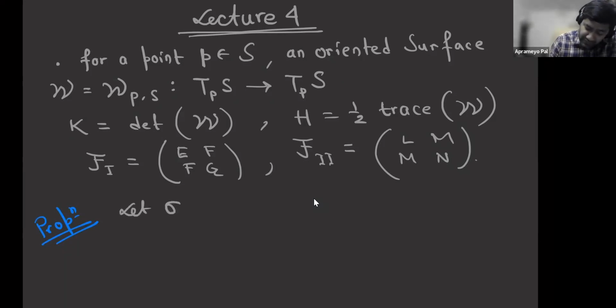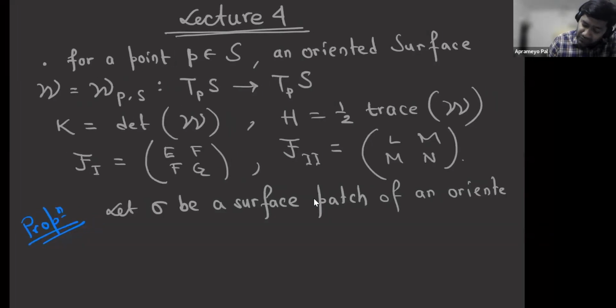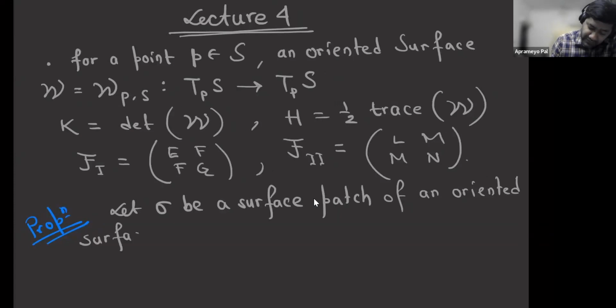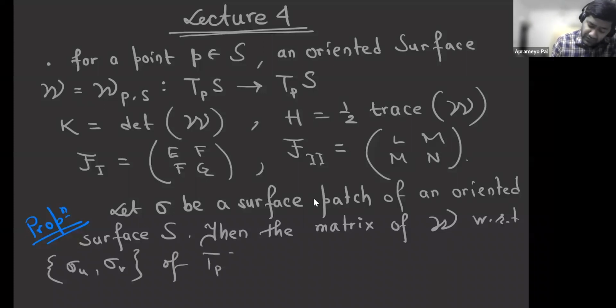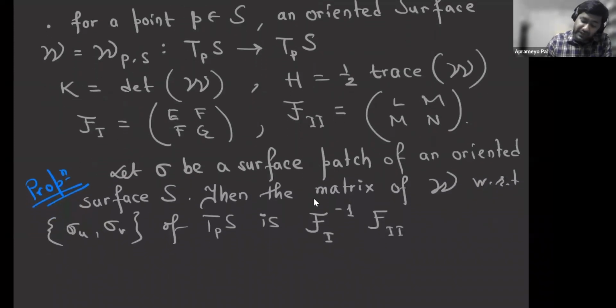Let sigma be a surface patch of an oriented surface S, then the matrix of the Weingarten map with respect to the tangent vector basis sigma u, sigma v of TPS is given by F I inverse F double I. Okay, so that was the proposition.